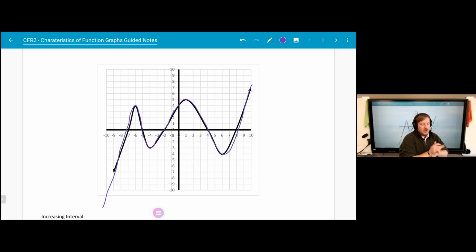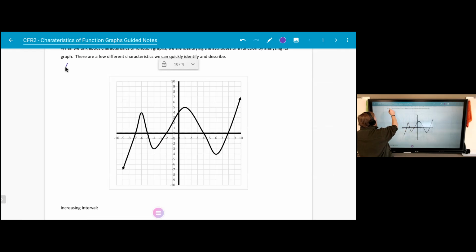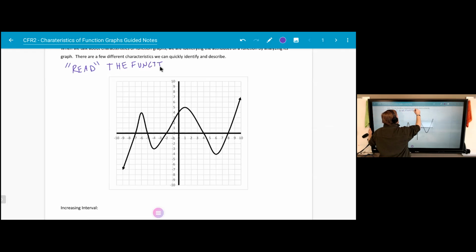But in CFR2, we have a few other things to talk about and different ways to describe it, a little different from what we did in CFR1 for domain, range and end behavior. We're going to make sure that we read the function graph from left to right.